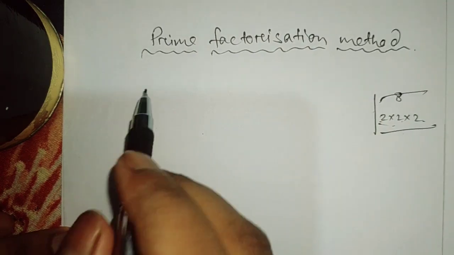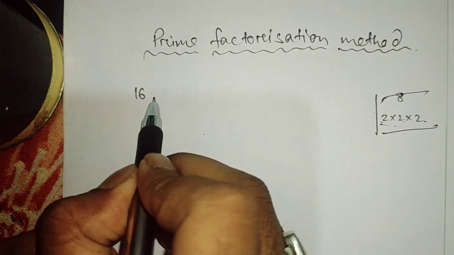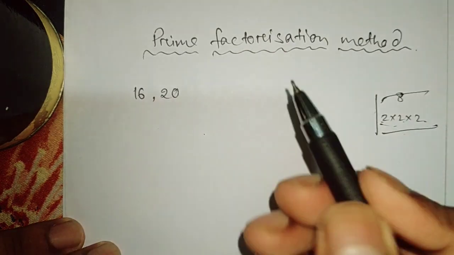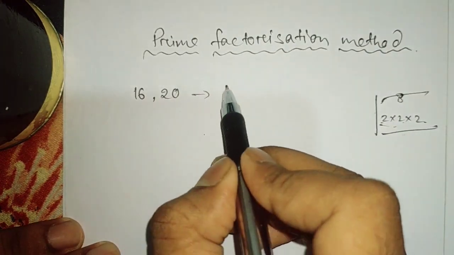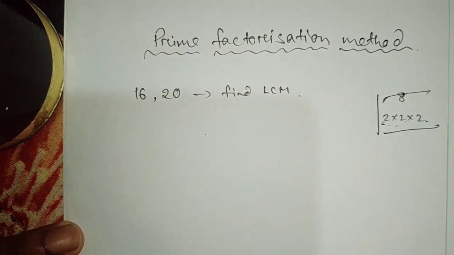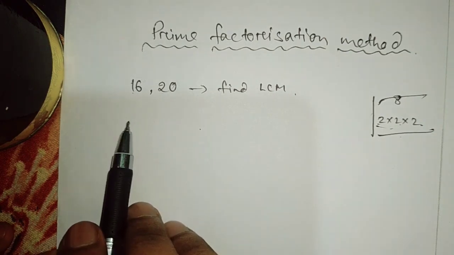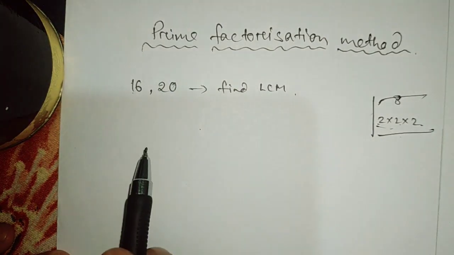Let's take two numbers, 16 and 20. Here we have to find the LCM. For both 16 and 20 we will apply prime factorization.